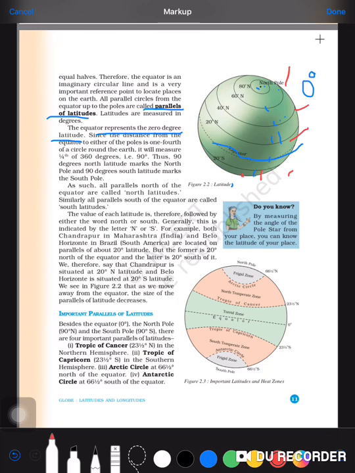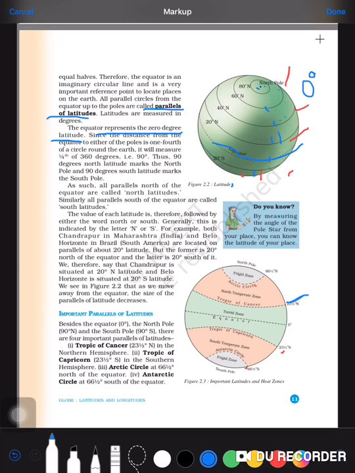So, important parallels of latitude. In this figure 2.3, you are able to see the important parallels of latitude, like the Tropic of Cancer, Tropic of Capricorn, Arctic Circle, Antarctic Circle. Okay, I am highlighting again.